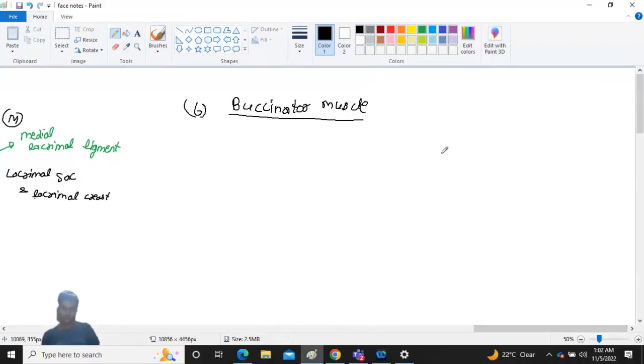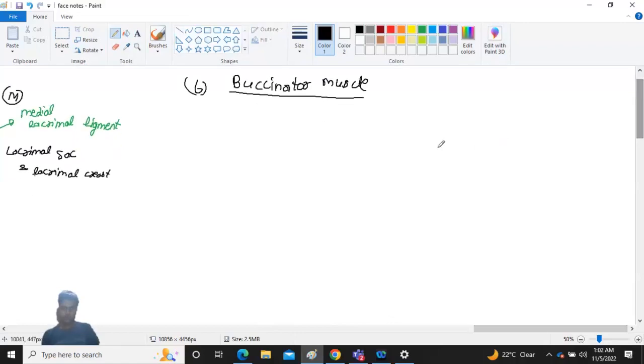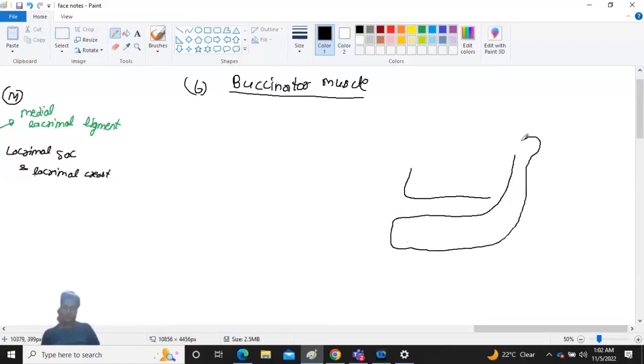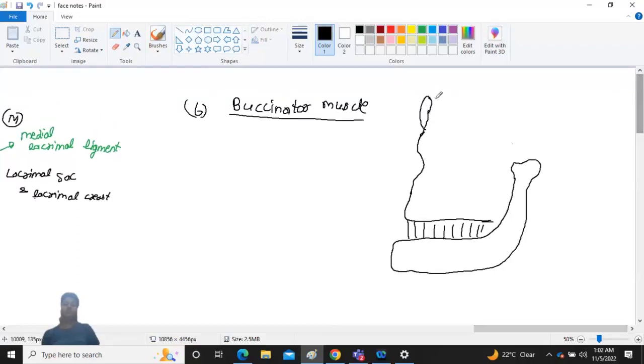Then let's say this is the mandibular region, where the mandible is present.